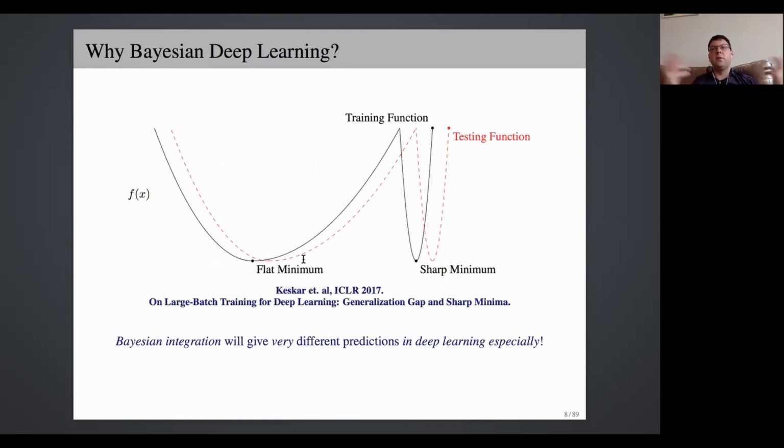We could achieve it trivially, for example, through reparameterization. So if that's the case, then this idea of doing Bayesian marginalization, also known as a Bayesian model average, is particularly compelling, because it means that there's going to be all these different parameter settings that actually give rise to different functions, which are all compelling explanations for the data.